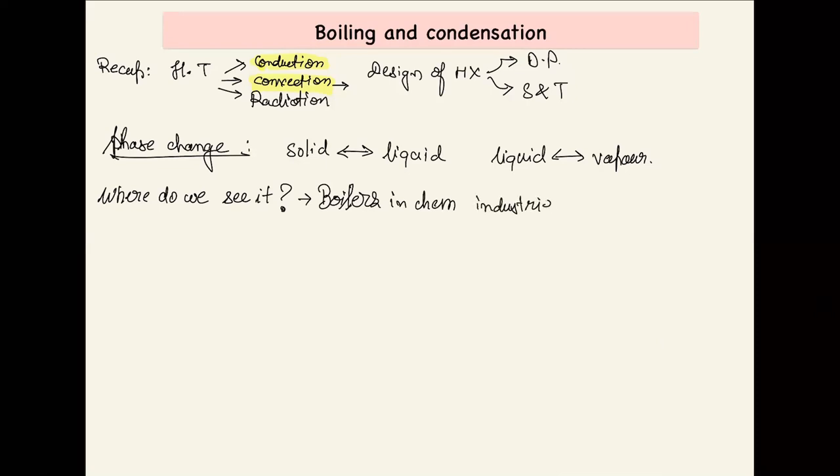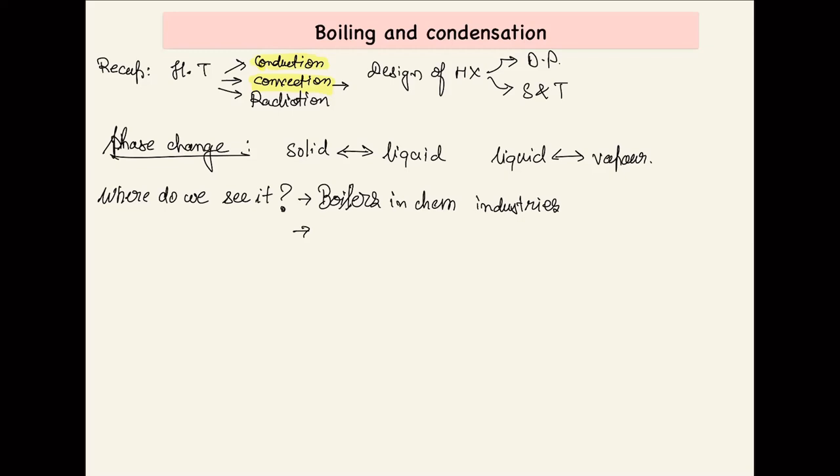You can also find a lot of boilers and condensers combined in power plants. In a power plant, they use turbines to generate electricity, and to power the turbines they use steam.